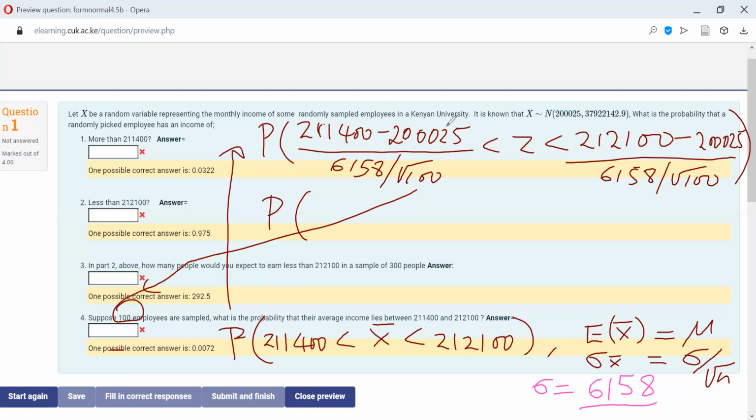Let me do it again. 21,400 minus 20,025, so that is 11,000 something divided by 615.8.